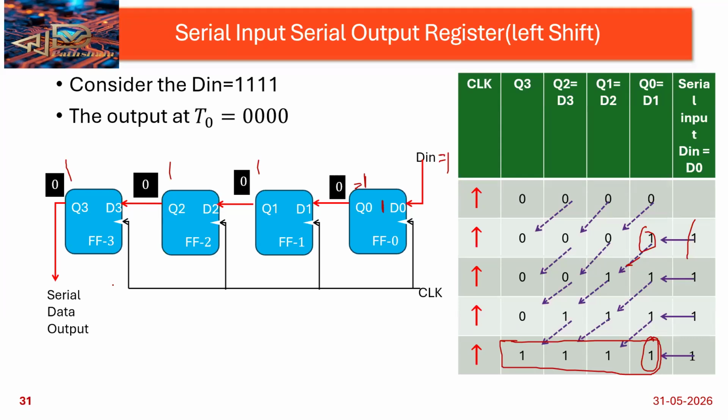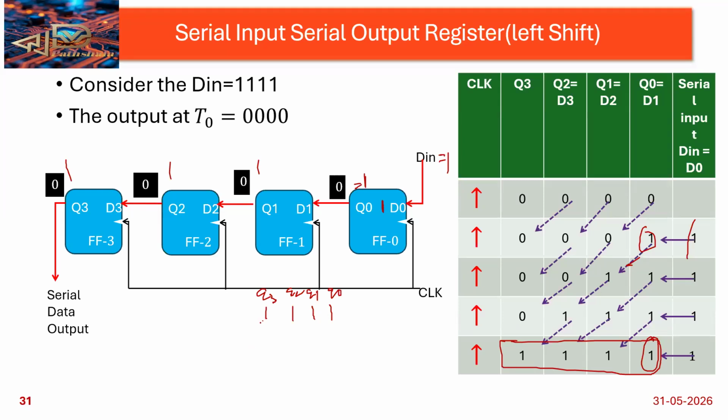I was saying it will require four more clock cycles, because if Dn now becomes zero, then see, it will pass through. 4 clock cycles are there here, right? Then this is Q3, this is Q2, this is Q1, this is Q naught, right?